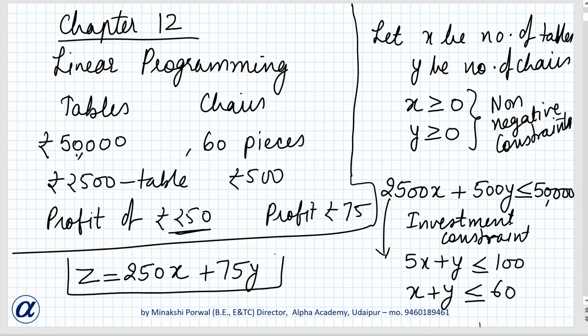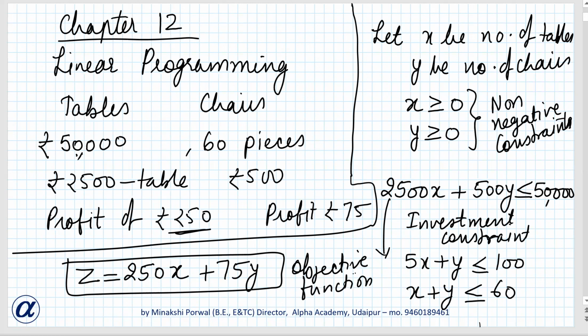So this is called the objective function, which he has to maximize. Is it clear? Yes, ma'am.